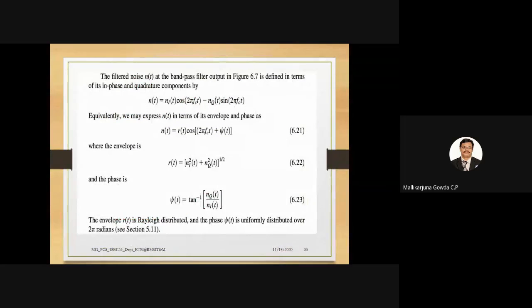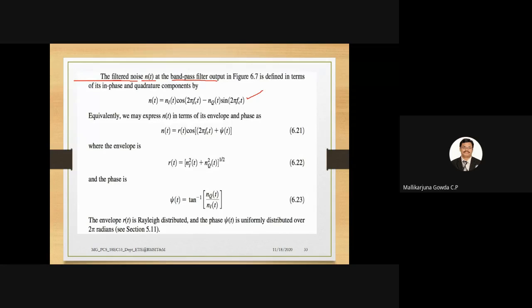As I was telling, the filtered noise, that is the output of the band pass filter, we represent as n(t), right? Since it is a band pass filter, we can define this filtered noise in terms of in phase and quadrature components. This we have already discussed in the previous two classes.